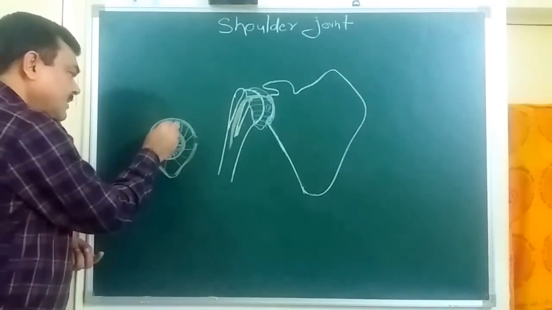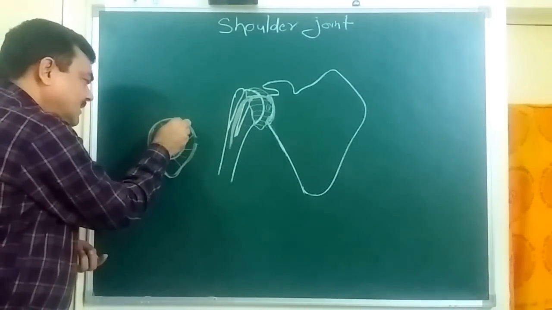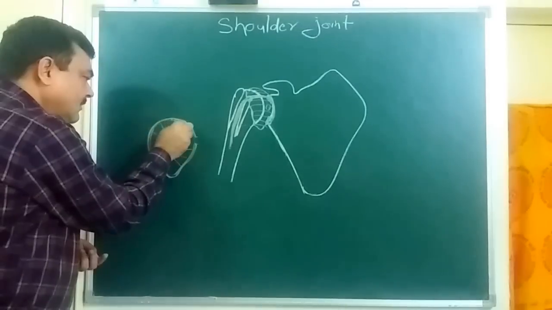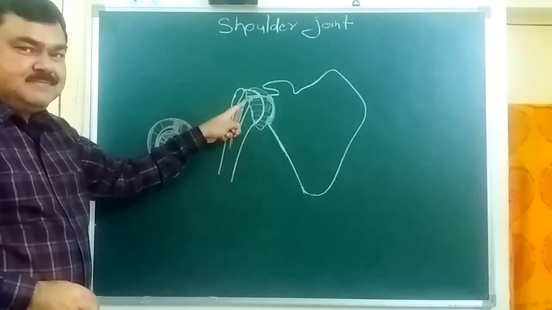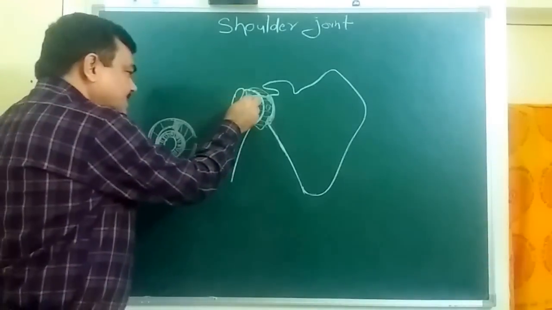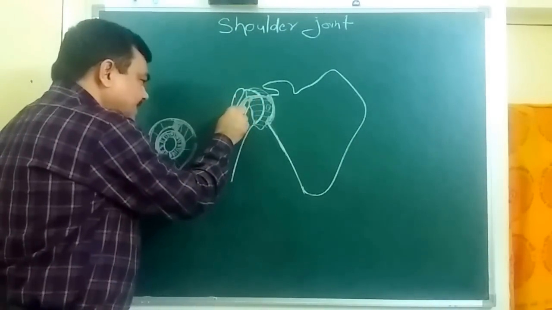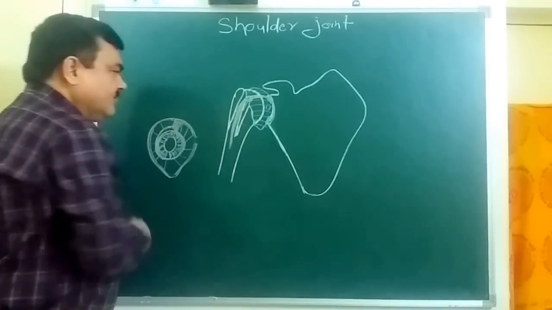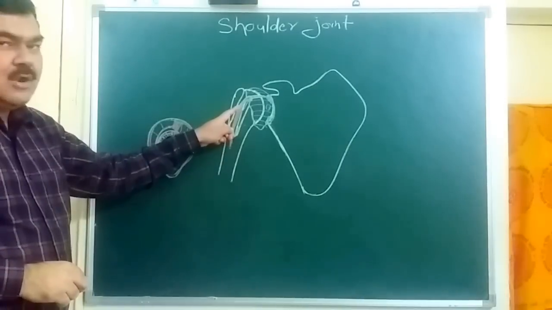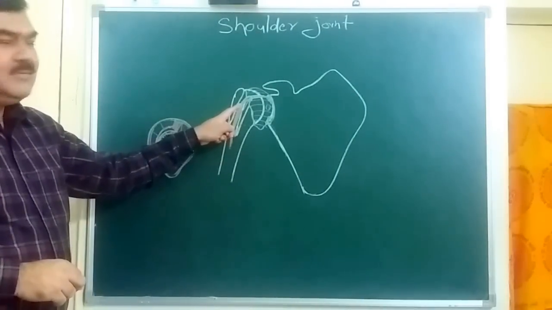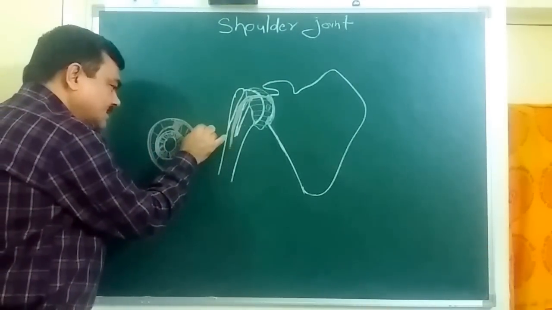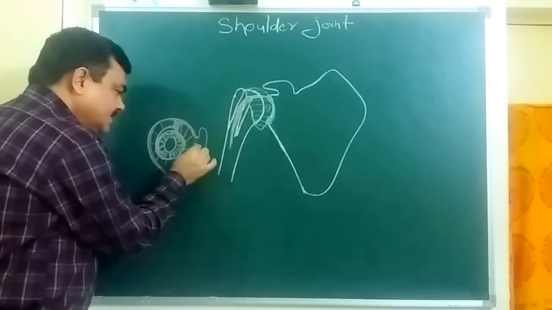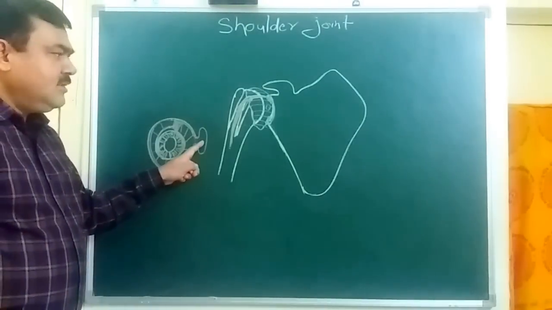This synovial membrane forms a tubular sheath around the long head of the biceps, and it extends up to some extent here. Also it communicates with a bursa. Here is a bursa known as the subscapular bursa.